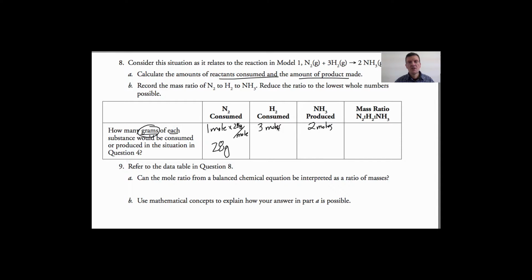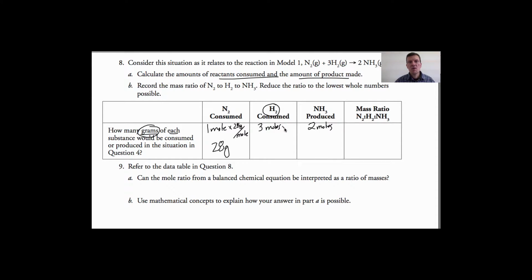Hydrogen, 3 moles of hydrogen. Each mole of hydrogen, because it's H2, H alone has a molar mass of 1. But since it's H2, H2 has a formula mass or a molar mass of 2.